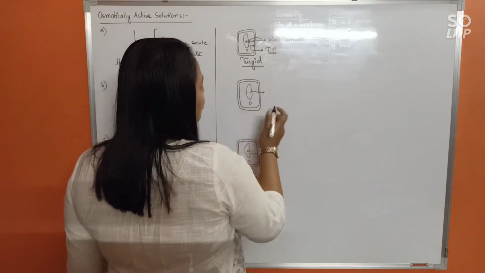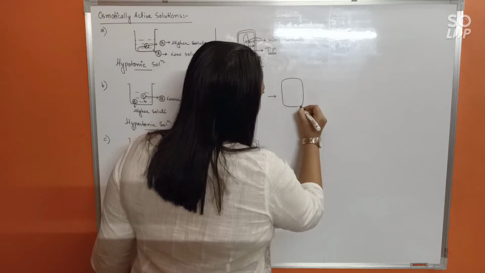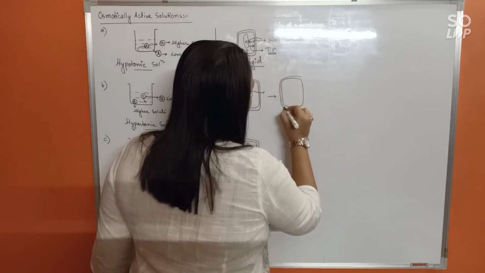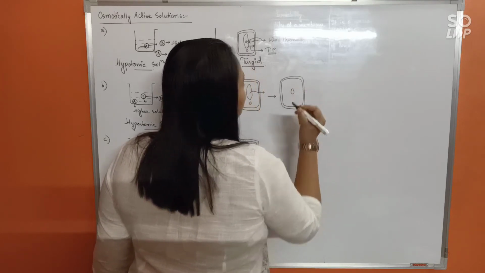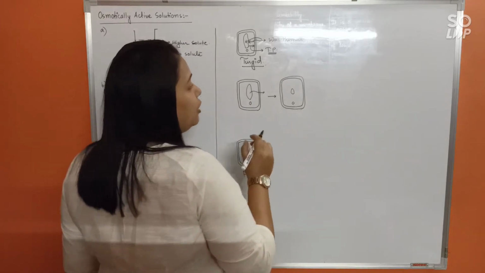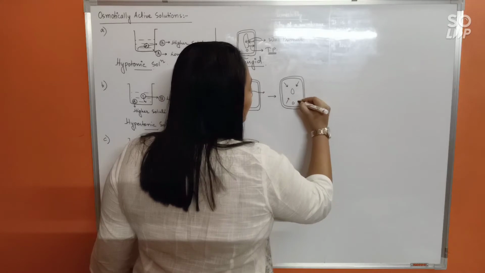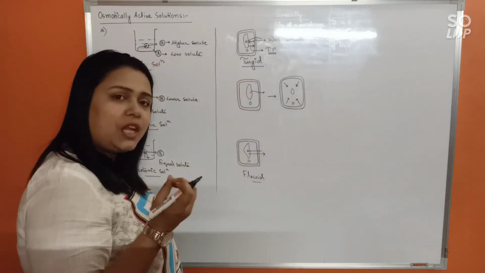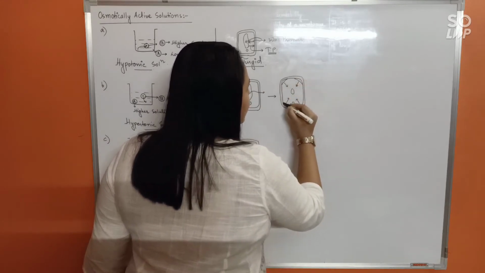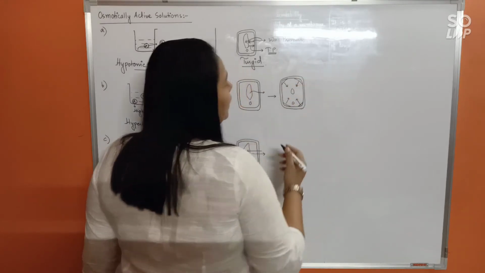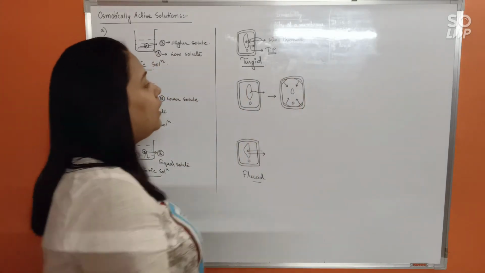And eventually, the sap vacuole, due to loss of water, will start to undergo shrinkage. The sap vacuole will shrink. As it shrinks, it will start pulling the plasma membrane towards the center, right? This will separate the cell membrane from the cell wall, but at the corners. This separation will begin at the corners, alright?